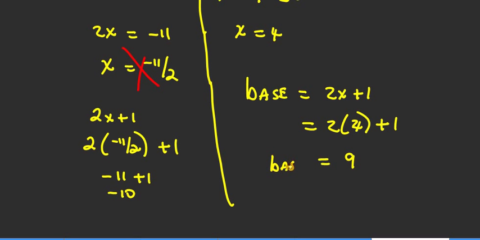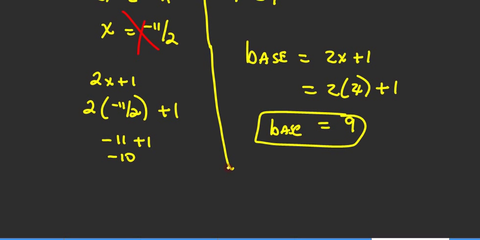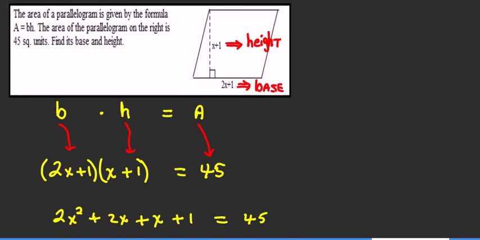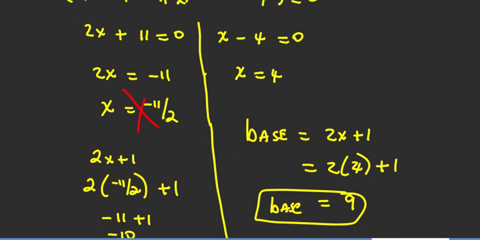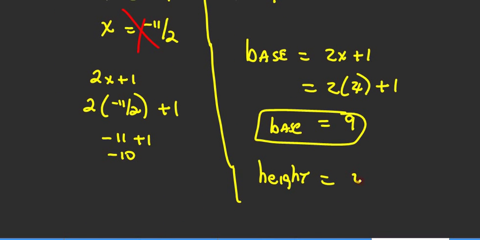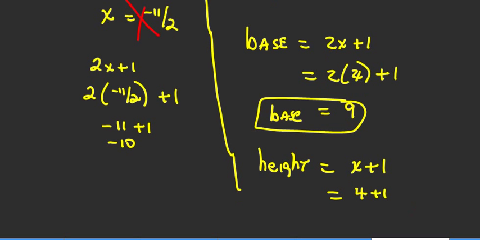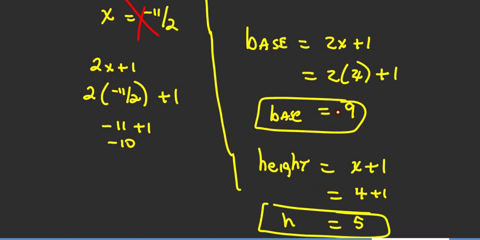So the base is 9 units, and the height, remember the height was given, back up to our picture, as just x plus 1. So that means the height would be x plus 1, so we put in 4, because that's what x is. So the height would be 5. So the height is 5, the base is 9.